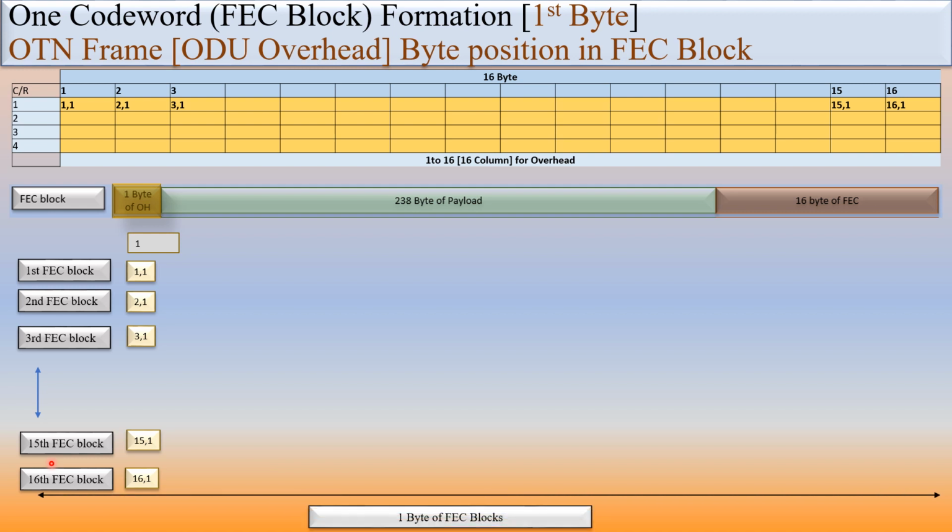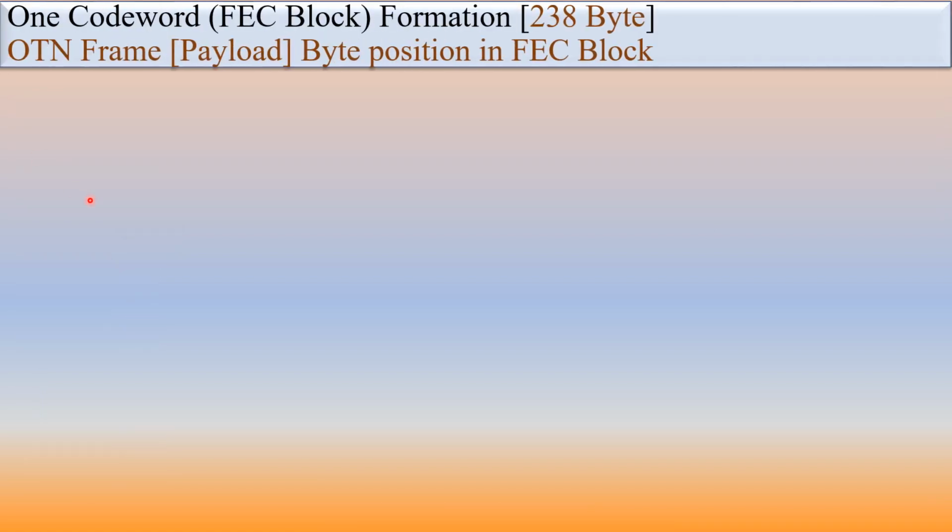Here we will see one code word FEC block formation. 238 bytes are taken from the payload area. What will be the position of those bytes, and which byte is taken in which FEC block, first FEC block, second FEC block?